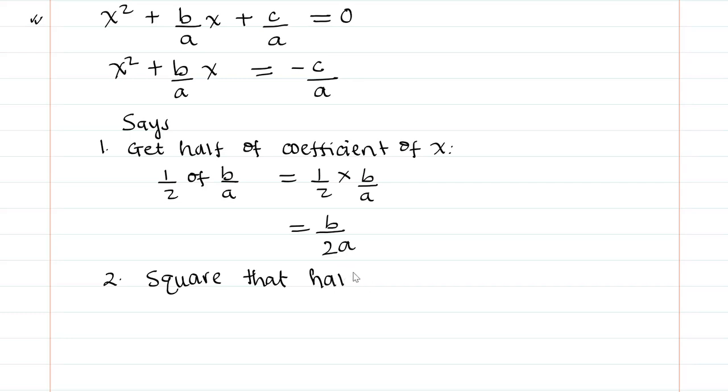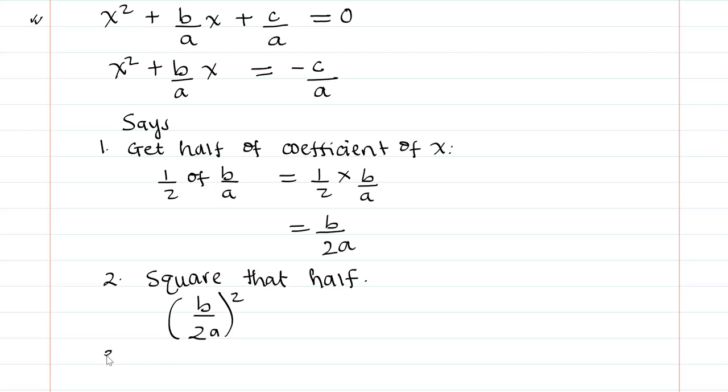So the half of the coefficient of x is b out of 2a, and we square it: b out of 2a all squared. So we have squared the half of the coefficient of x.